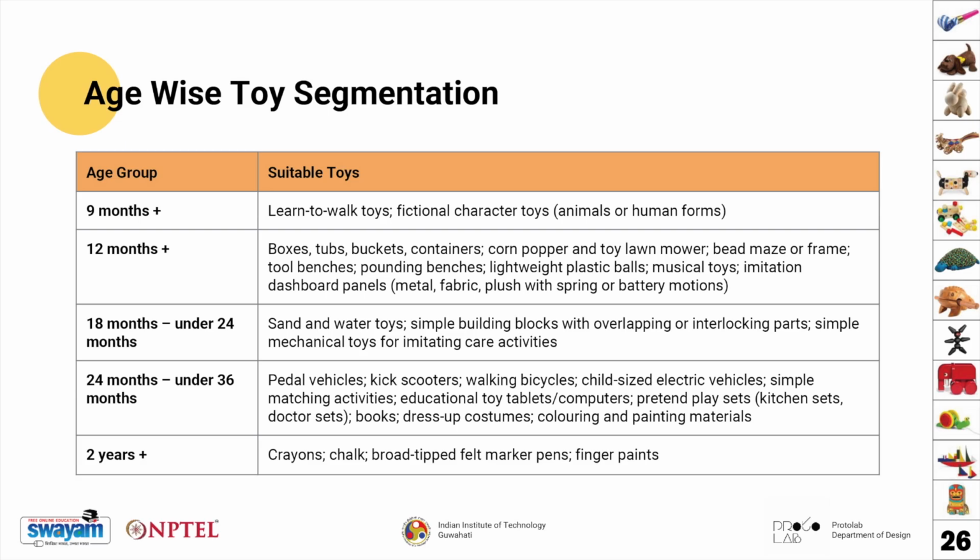Toys such as pedal vehicles, kick scooters, educational toy tablets, pretend play sets like kitchen or doctor kits, books, and dress up costumes support physical development, language skills, and imaginative storytelling. At around 2 years and above, creative expression becomes important. Crayons, chalks, felt marker pens, and finger paints allow children to explore drawing, coloring, and early artistic skills.